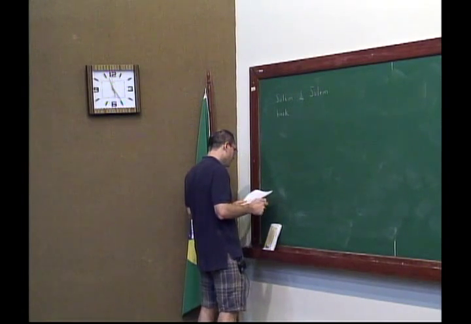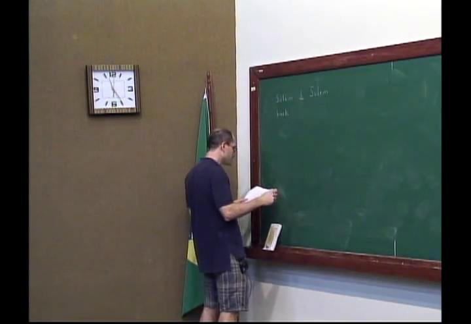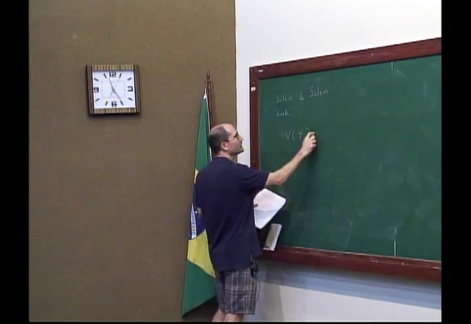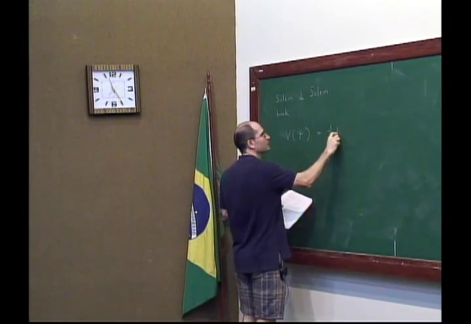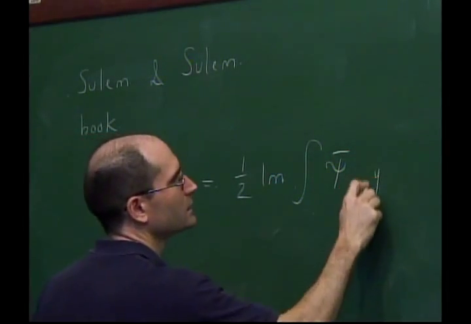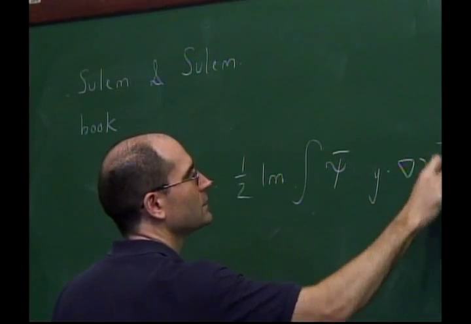You start with the virial identity. So we have this V of psi, and that's 1/2 imaginary part of the integral of psi bar y dot gradient psi dy.